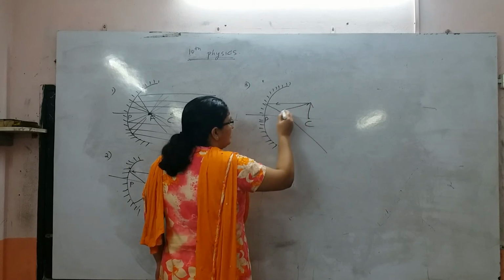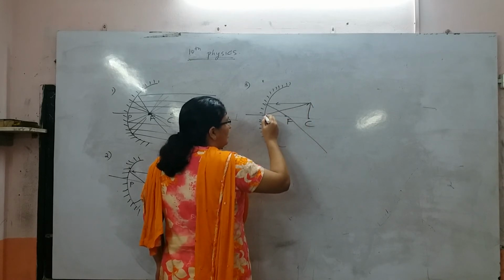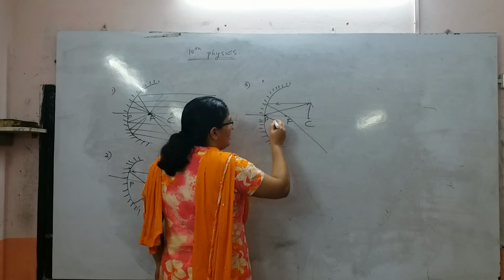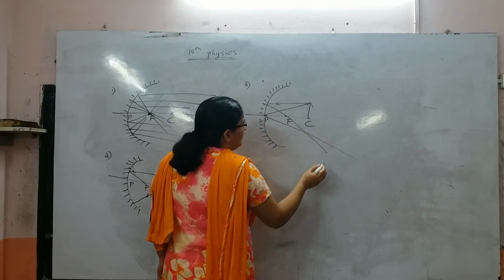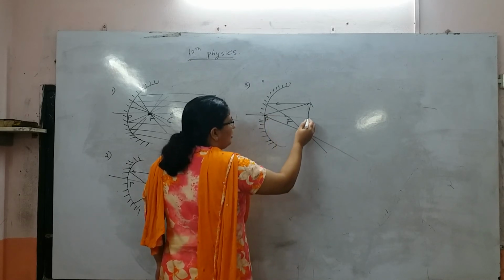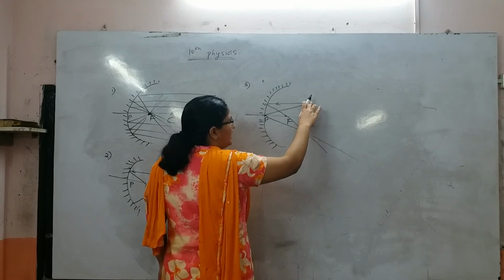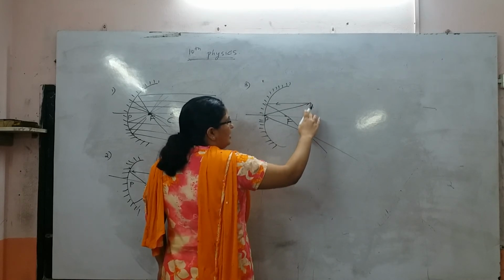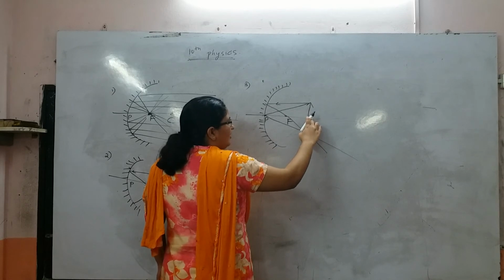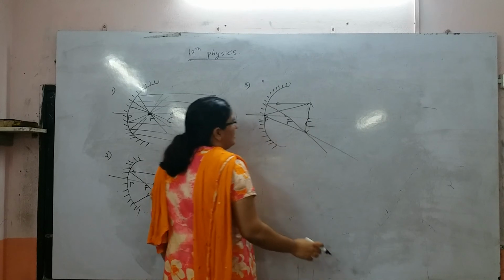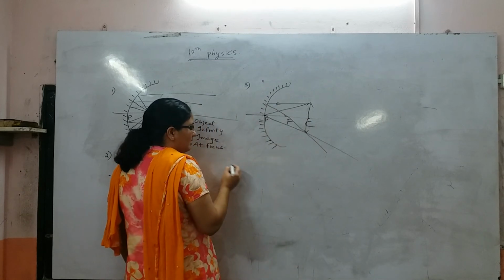Next, the ray incident on the pole will come back like this. Both of these rays are meeting at this point. So whenever you keep the object at C, you will get the image at C, which is of same size, inverted and real. So this is the third case.